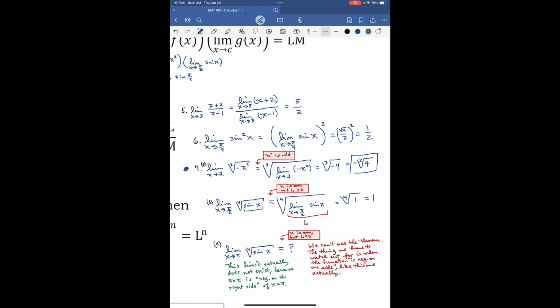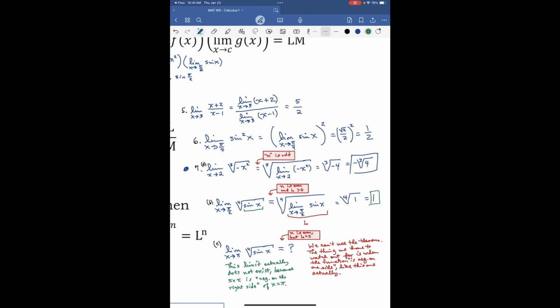And the limit of sine of x as x gets close to pi over 2 is 1. So that's a case where we can use this because the L value is positive. So from there, we can bring the limit under the radical and get the answer there.